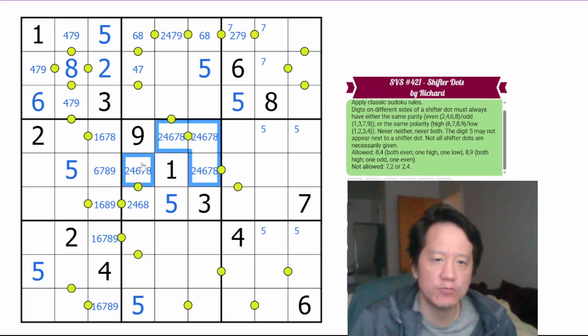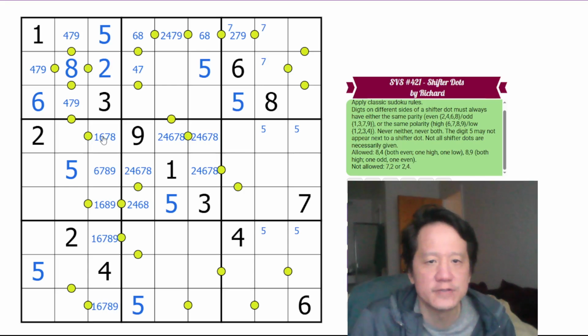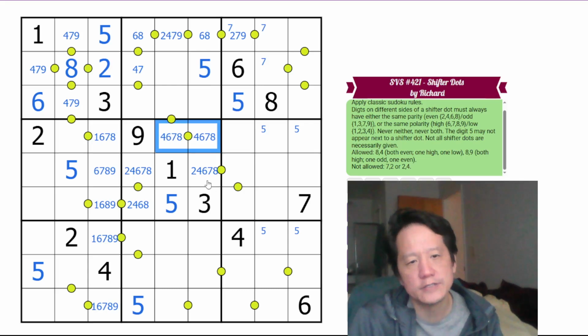So 7 has to be one of these 4, but we're not sure which. So say this was 6 or 8. I don't know if that's helpful. These can't be 2. Oh, that's interesting.